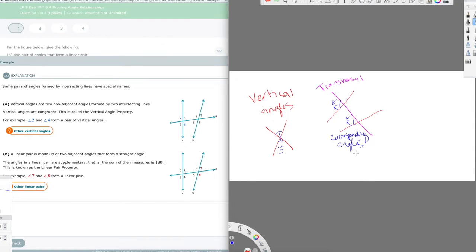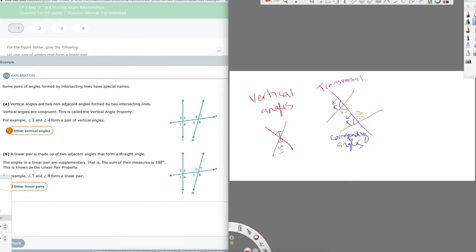And then I'll go with green. So if we go in between the angles like this, so this is below the red line and to the right, then I want to go to the other side and go down, and I want to be still in between the red lines. So now I want to be above, and I want to be on the other side of the pink line.